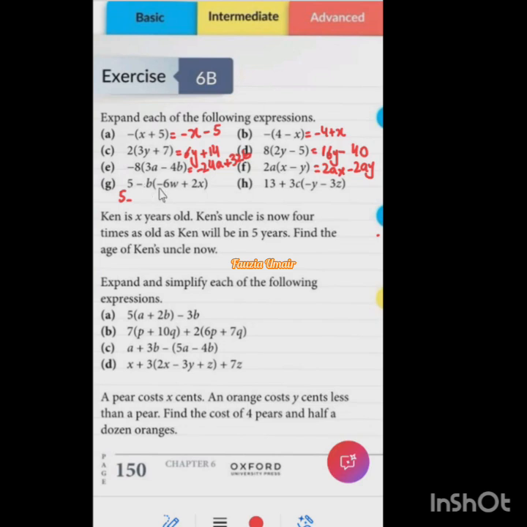It means both signs will also be flipped, and b will also be multiplied. So what will that be? Plus 6bw, that's right, minus 2bx.